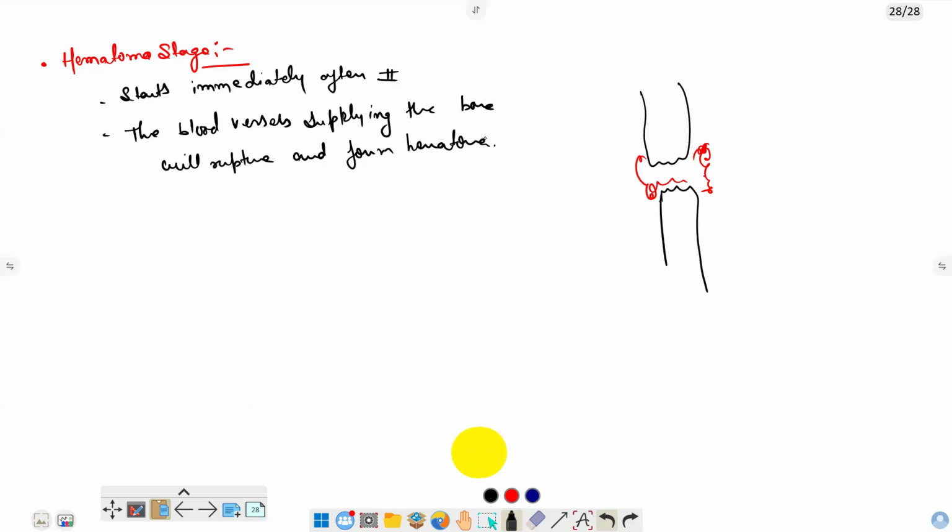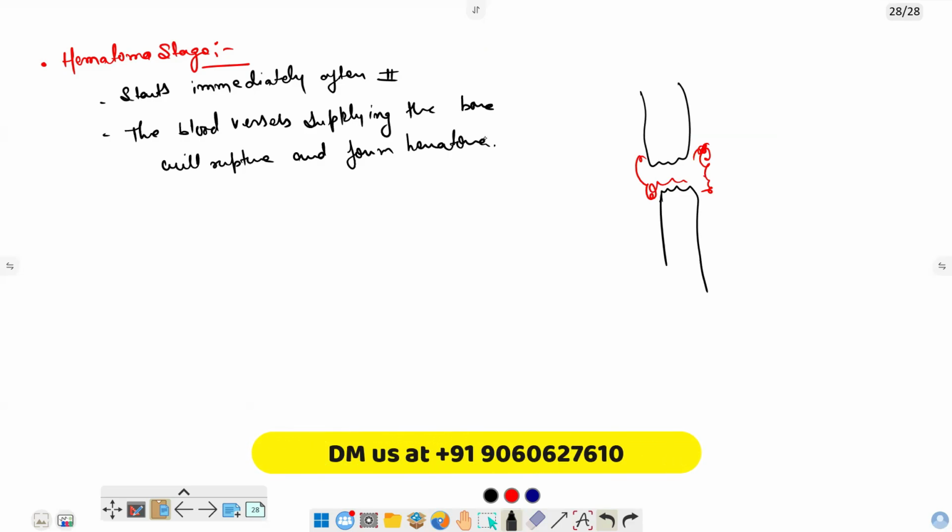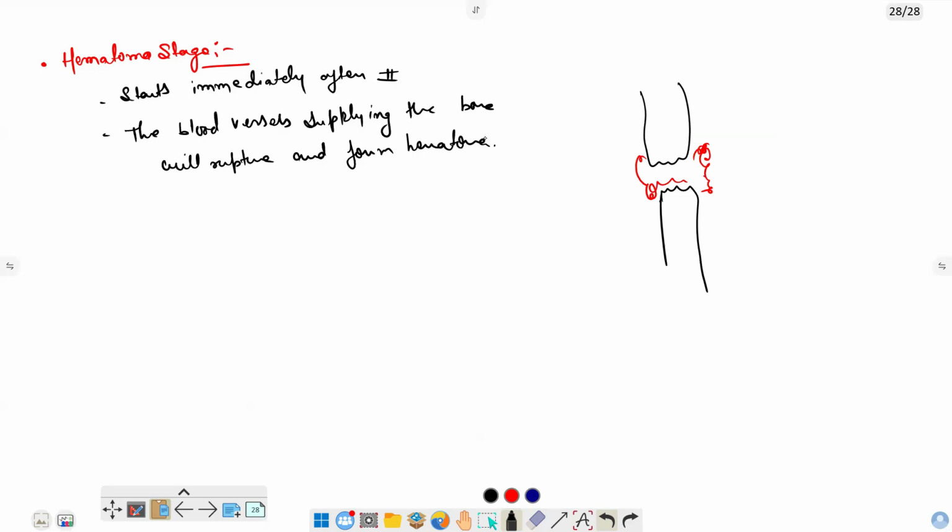The major point here is that the blood vessel has been ruptured because of the fracture, and a pool of blood, the hematoma, has been formed. Now, if the hematoma has formed, it will start the inflammatory response. It will stimulate the immune cells and the clotting factors, and trigger the immune response here.